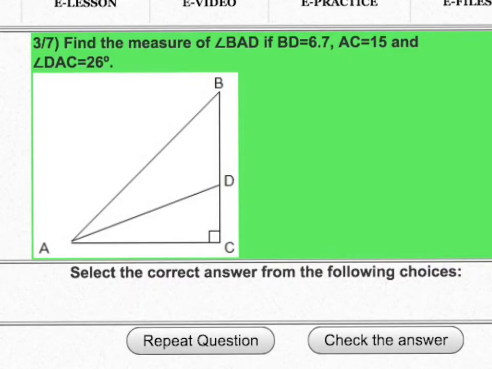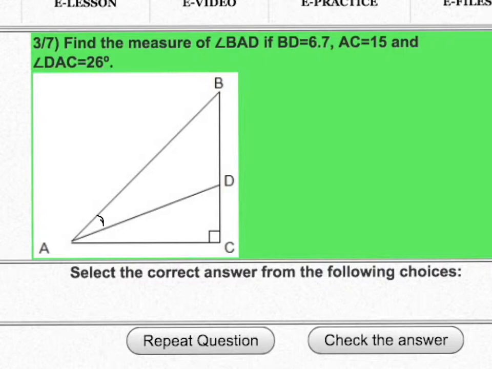Okay, the next question. You have been given a triangle ABC, which has another triangle inside, which is ADC. The measurement is the angle BAD, which you have to find.